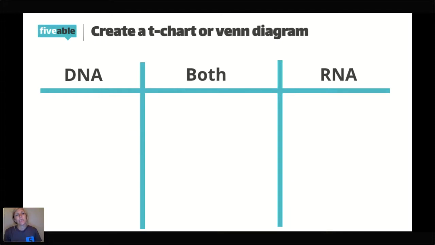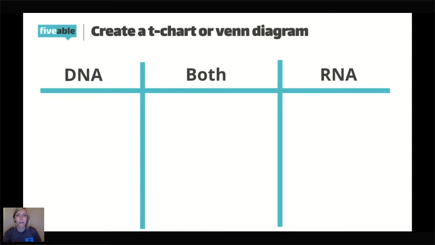So just a quick T-chart: DNA, RNA, and both. Our 2 nucleic acids, DNA and RNA, and we'll be filling that T-chart out together. So that's why I wanted you to do that. I'll be clicking back and forth between new information and things like that, and then we'll go back to the T-chart.